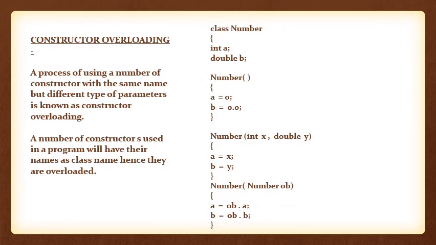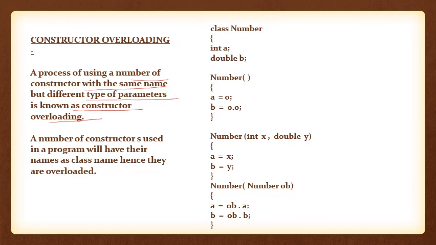The next topic is constructor overloading. Here is a question: can we overload a constructor? Yes, we can overload a constructor. So what is constructor overloading? The process of using a number of constructors with the same name but different types of parameters is known as constructor overloading.